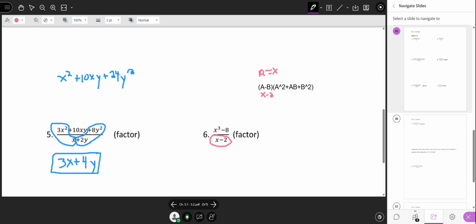A is x, B is 2, so x squared, and that's plus, multiply these two for AB, so 2x, plus 2 squared is 4. I just showed you how to shortcut.